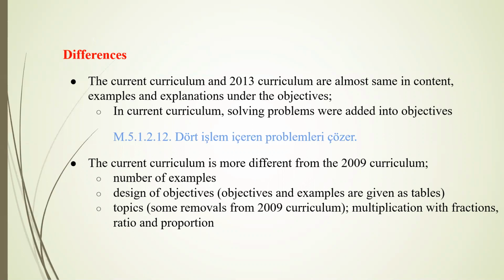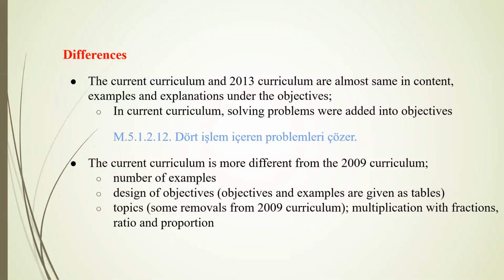There are some differences between the current curriculum and previous ones. Actually, the current curriculum and the 2013 curriculum are almost the same in terms of content, examples, and explanations under the objectives. But their difference is in the objectives. The objective for problem solving with natural numbers was added in the current curriculum. This objective is new in the current curriculum. The differences with the 2009 curriculum are a little bit more.